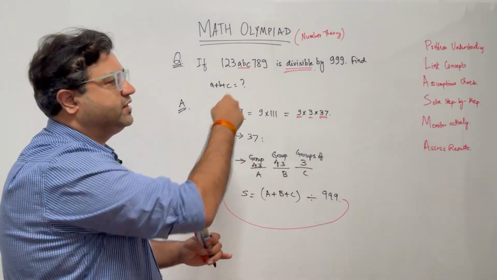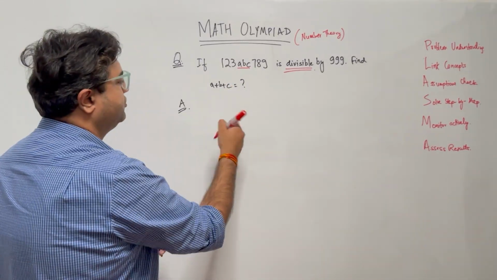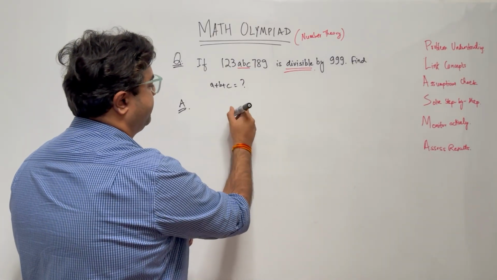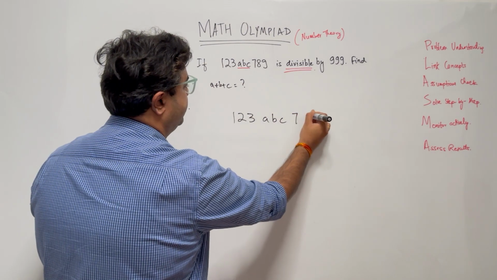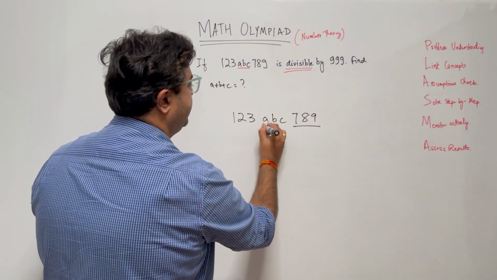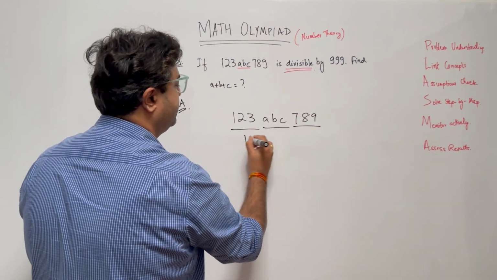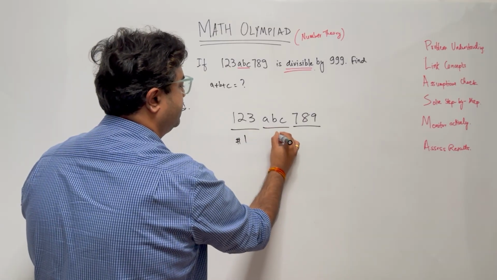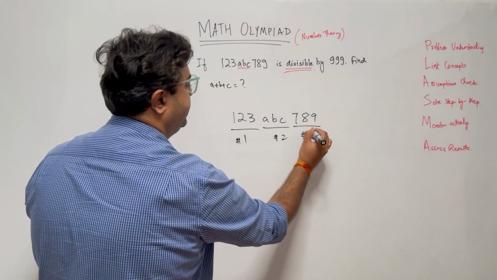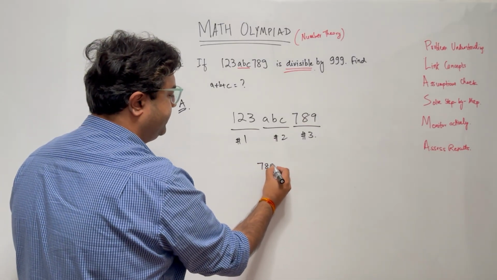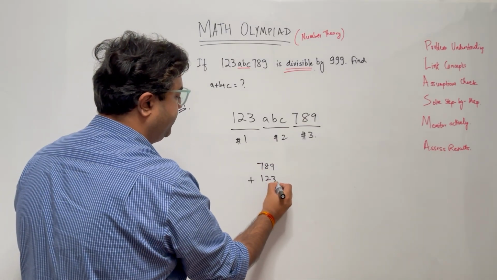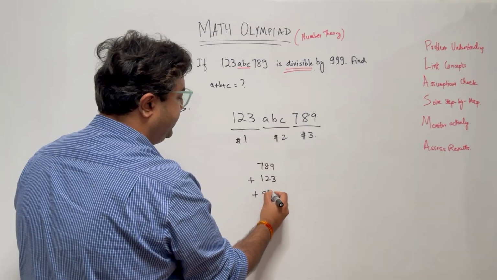Okay, let's come to this problem. So the problem is if 1, 2, 3, A, B, C, 7, 8, 9. So we divide into three groups, 1, 2, 3. So let's add these three groups up. So 789 plus 123 plus ABC.